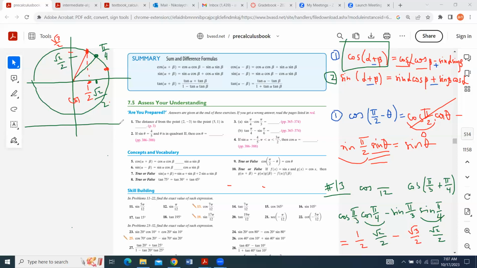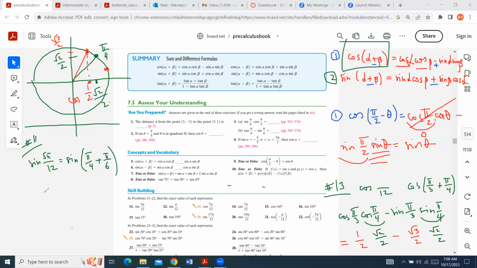Well, anyways, let us do 11, because that's another formula. So it's the sine of 5 pi over 12, that I split as the sine of, remember what it was? Pi over 4 plus pi over 6. We can double check this again if you want, because I just erased that.